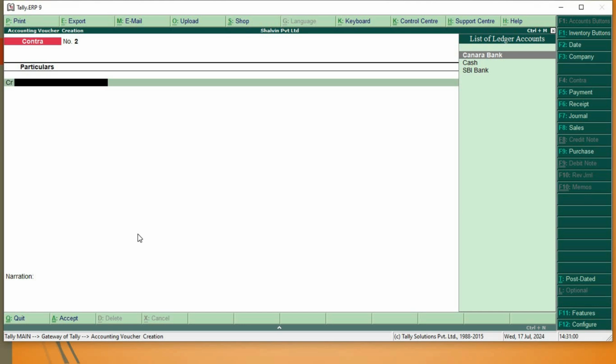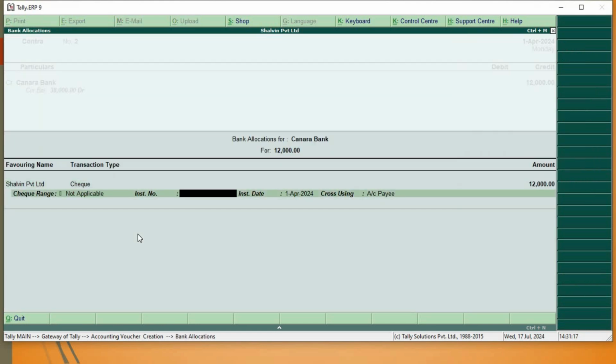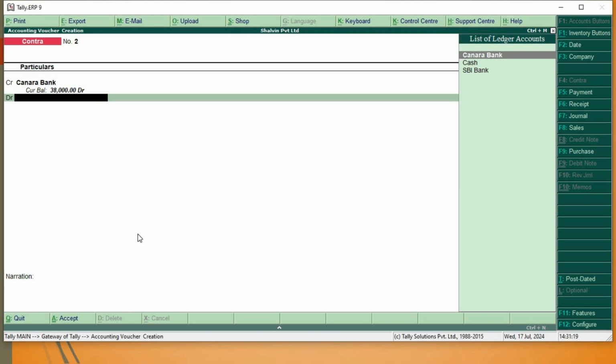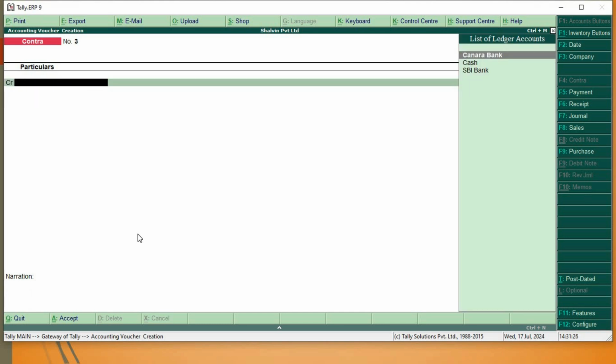We have to use the same voucher, Contra Voucher, but in this case, Canara Bank will be on the credit side because bank is the giver. So credit side, Canara Bank. So what is the amount? It is 12,000. Debit side is cash, and just accept this.